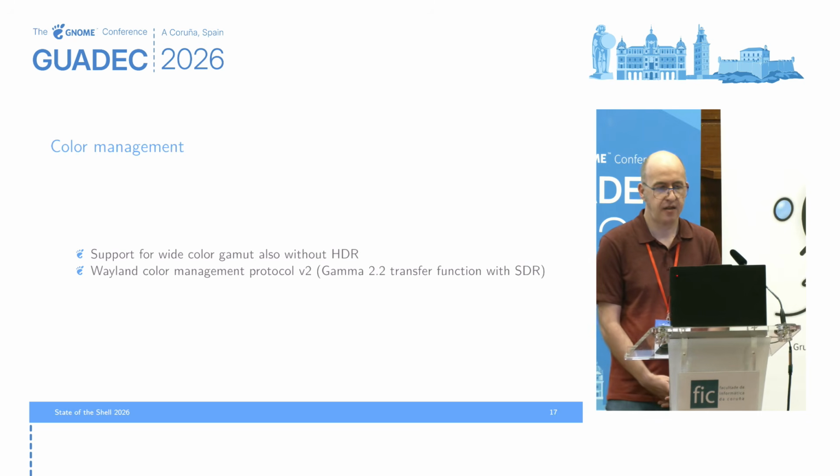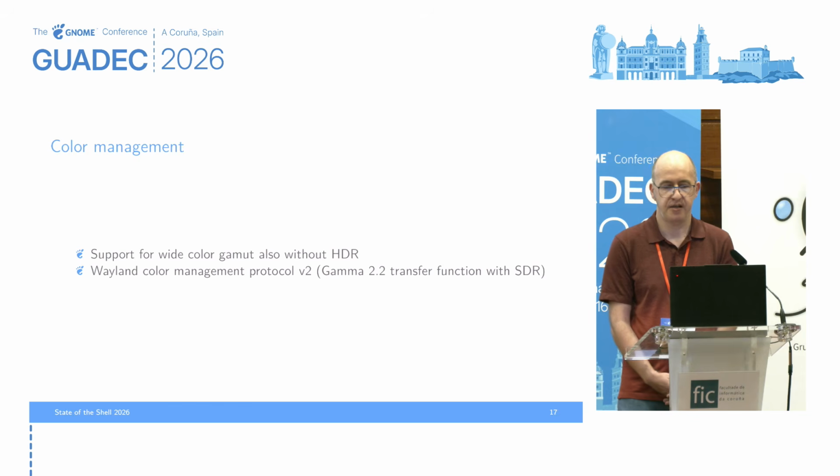The next thing is the Wayland color management protocol, where Mutter support for it was bumped to the version 2 revision. This is mostly minor changes, which probably won't be noticeable for most users.